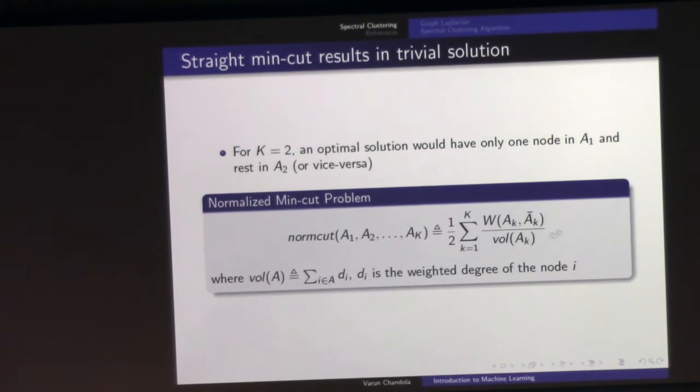So you want to optimize over this function, where you find the cuts such that the edges across the groups are minimized and each cut itself is big enough. So that is the normalized min cut problem. This is the problem that a spectral clustering algorithm will solve to find the right answer.